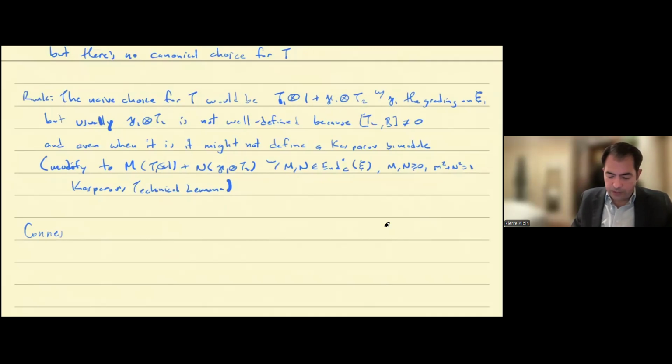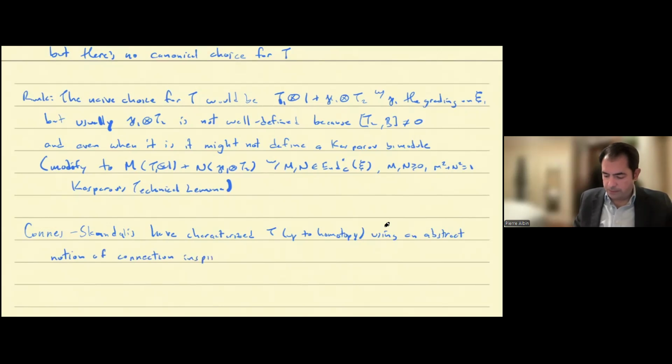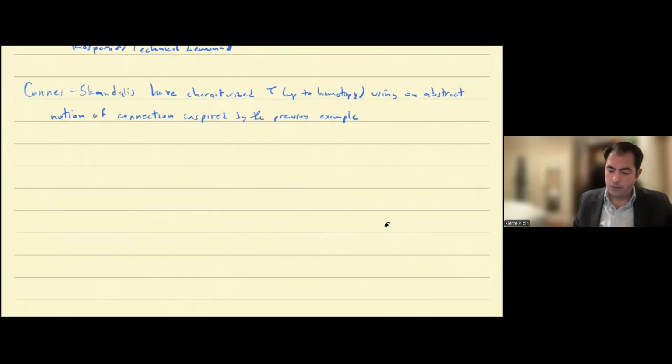And you do that using a theorem of Connes and Skandalis, where they characterized it, up to homotopy of course, using an abstract notion of connection. So inspired by the previous example.